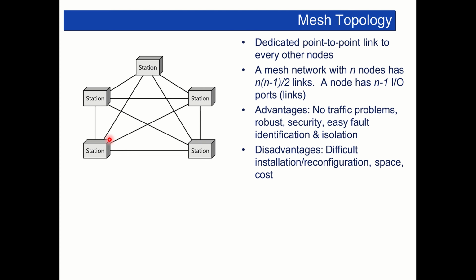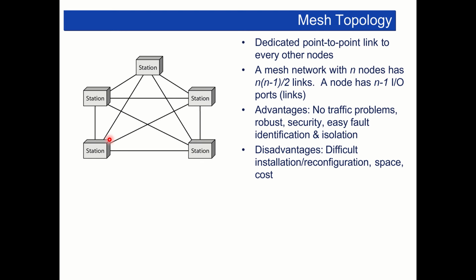Then we have the mesh topology. The mesh topology is usually used in data centers, with a dedicated point-to-point link to every other node. The advantages are that it provides redundancy, backup, and a more robust and secure network performance.